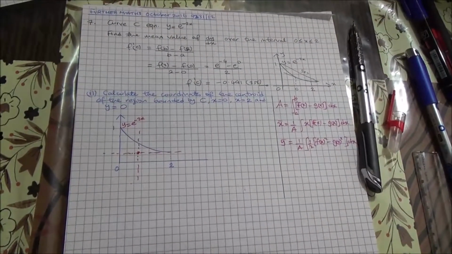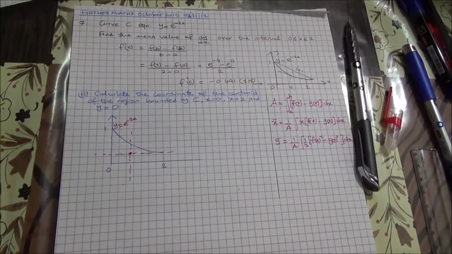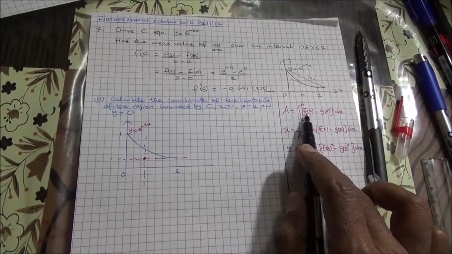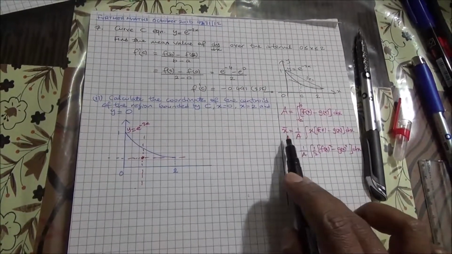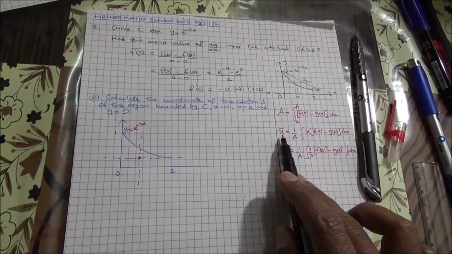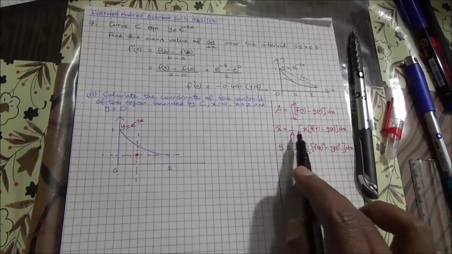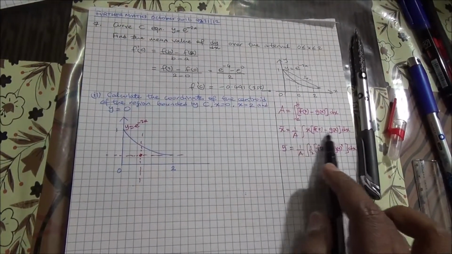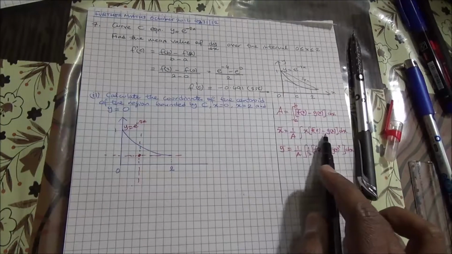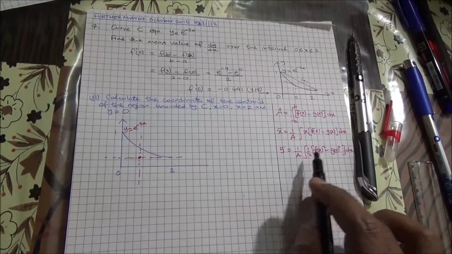So the formula basically is we need to calculate the area of the function, and then to get the x coordinate of the centroid, we put 1 over the area times the integral of x times the function, and for y we're going to use this one.